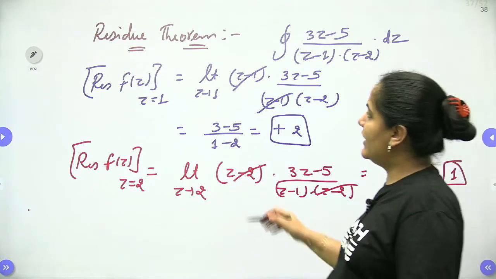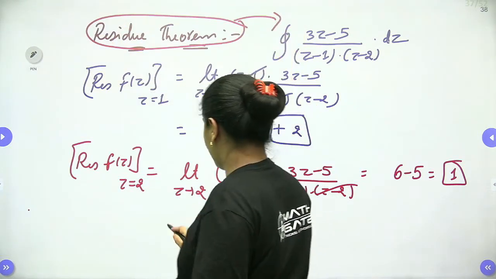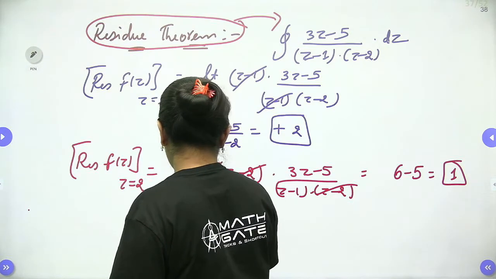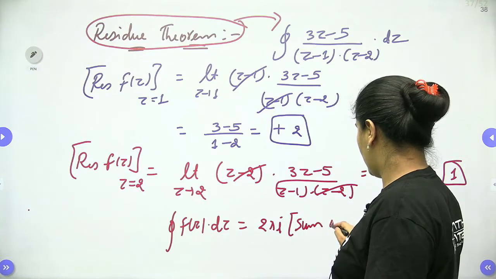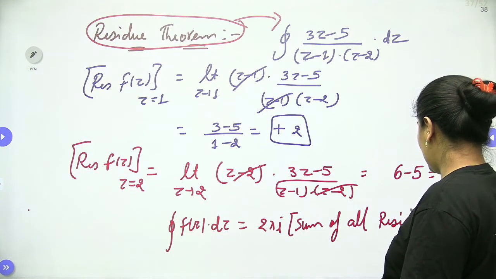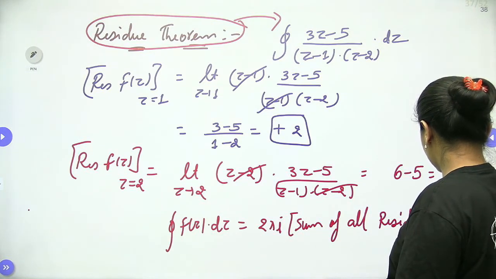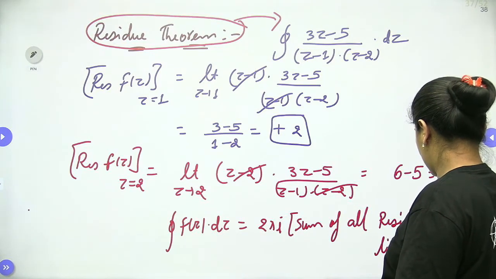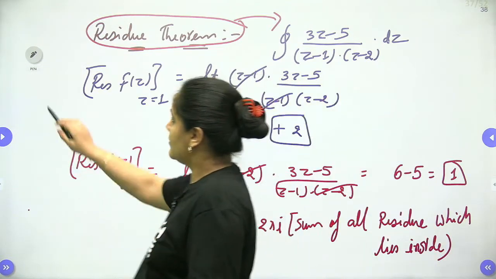We know very well that when we apply the residue theorem for finding the integration, the closed integral over C of f(z) dz with the help of the residue theorem is 2 pi iota times the sum of all the residues which lie inside.